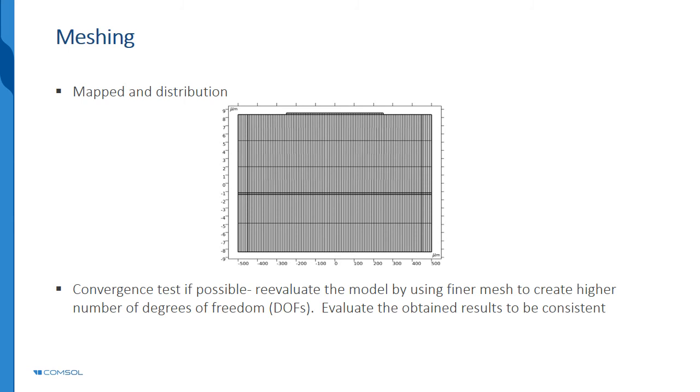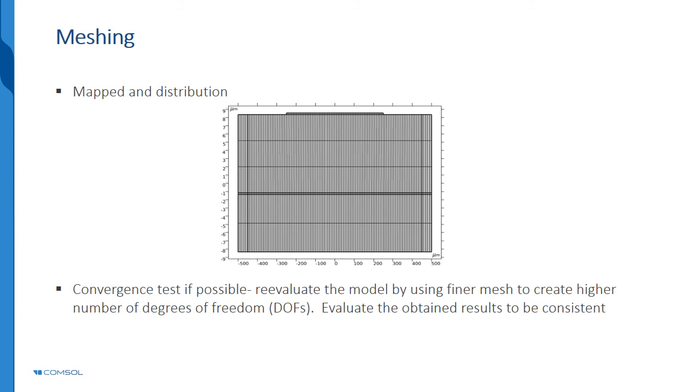And then if possible, we also need to do a convergence test, where we re-evaluate the model by using a finer mesh to create a higher number of degrees of freedom. After that we need to check whether the obtained result is consistent. Once it shows consistency, our convergence test is optimized.